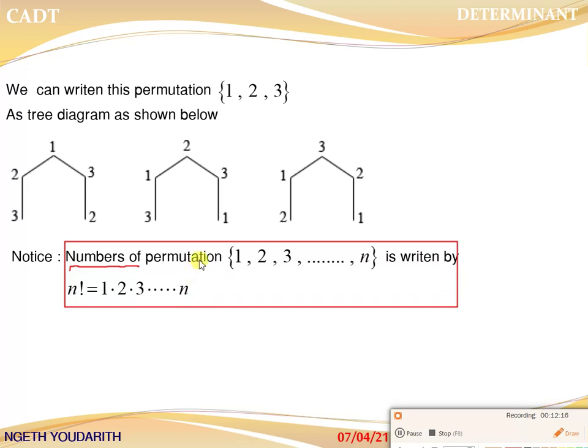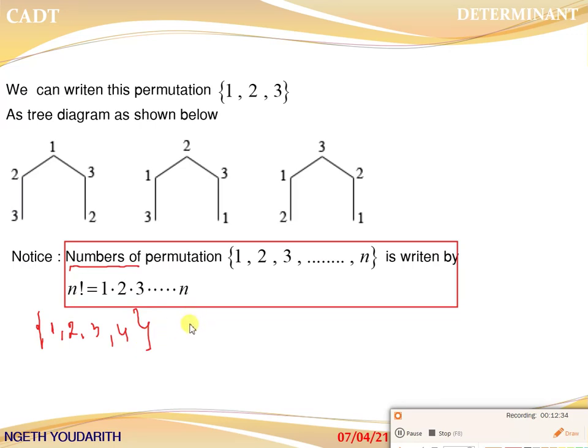This is the permutation of 1, 2, 3, 4, 5. Example, we have 1, 2, 3, 4 in this point.